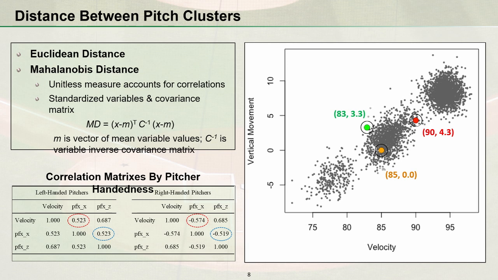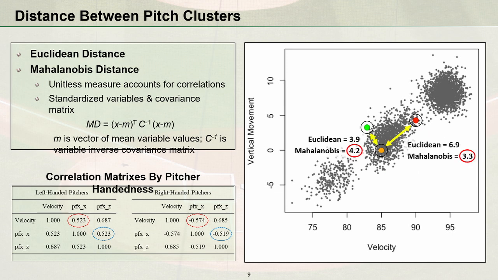So relative to the 85 mile per hour orange pitch, below, a batter would expect the faster 90 mile per hour red pitch to have less vertical movement, obviously due to gravity and the speed at which the ball gets to the plate. But nevertheless, the Euclidean distance between the orange and red pitches is greater than that between the orange and the green.